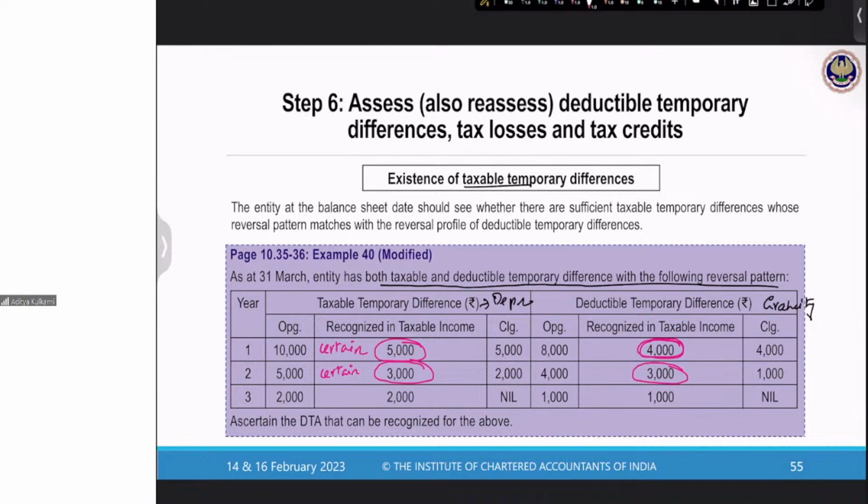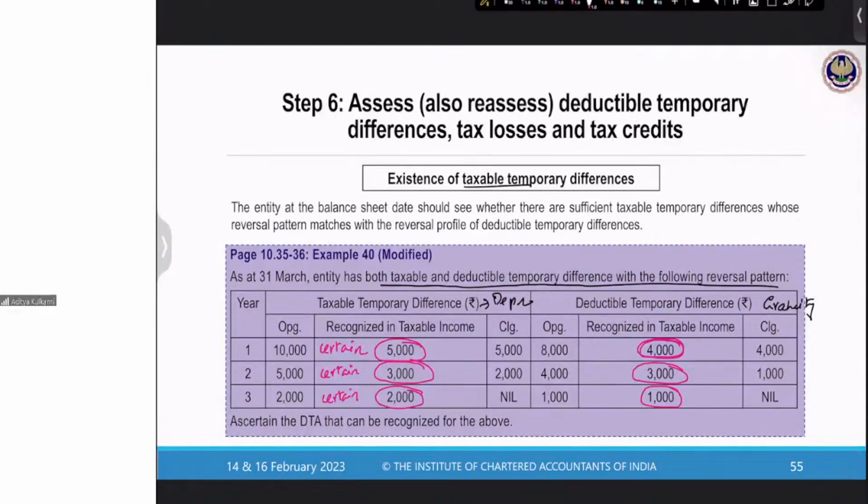So therefore, can I recognize deductible differences of 3,000? Yes, you can. In the third year, 1,000 is my gratuity which I'm going to pay, and 2,000 is the depreciation that is getting reversed. So can I meet all the deductible temporary differences out of the reversal of taxable temporary differences? Answer is yes, you can.